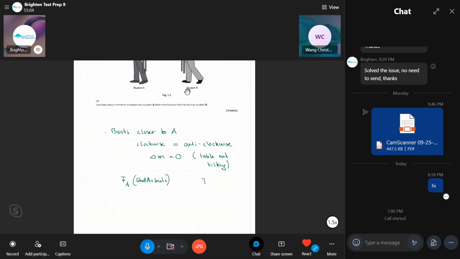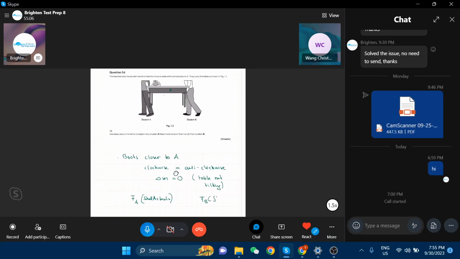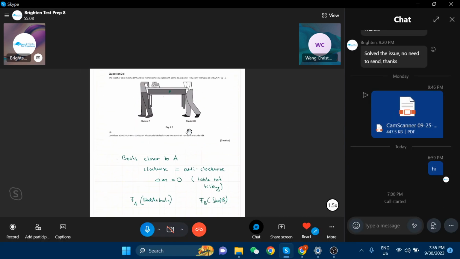And then we have the force B, which is just student B. Of course, the assumption is that they exercise the same force. Otherwise we can't say much more. If this were a bodybuilder and the other one could hardly weigh a spoon, that would be ridiculous. So they are very similar, and the difference comes basically from the books.